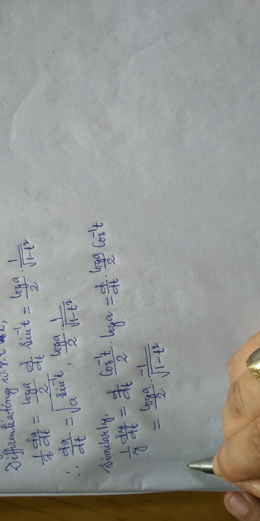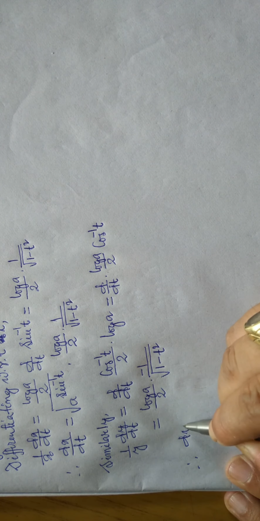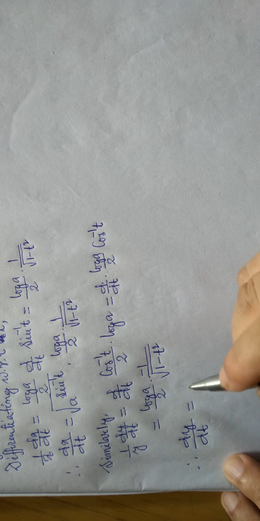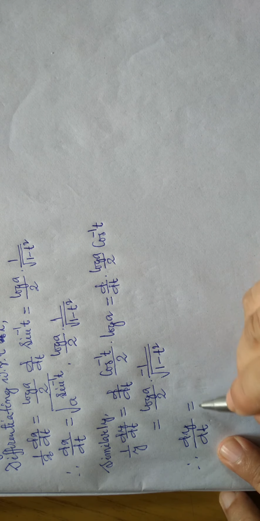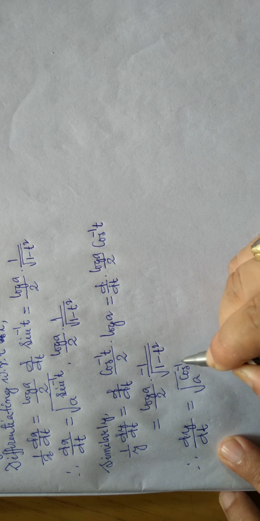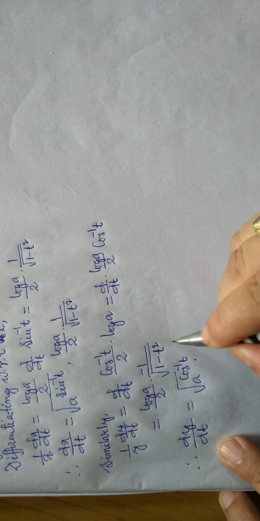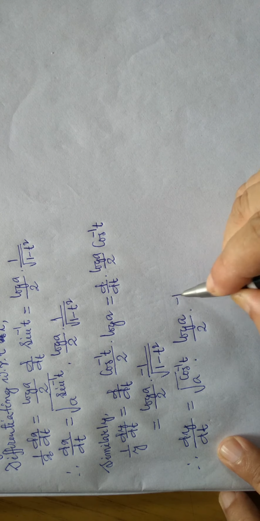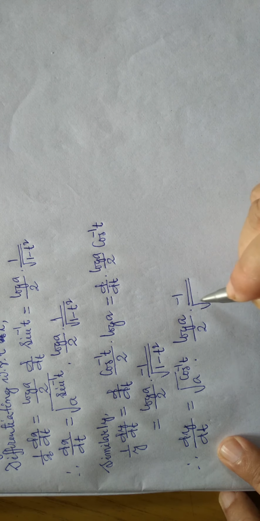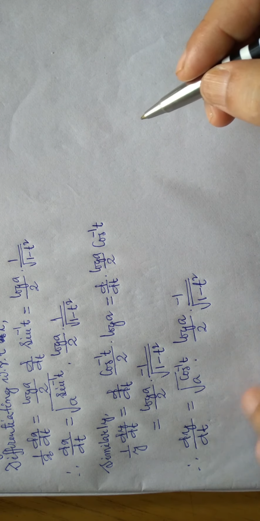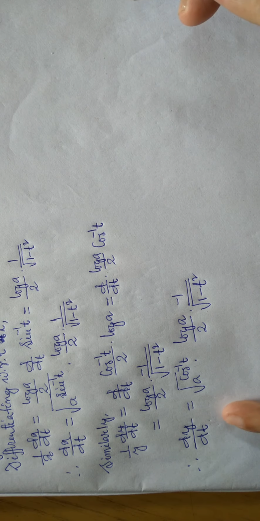So finally we are going to find this one, dy by dt, and what is equal to y? Y is equal to root over e to the power cos inverse t, right? Okay, and then logarithm of a divided by 2 minus 1 by root over 1 minus t square, right? This one. So finally what we are going to find is this one, dy by dx.